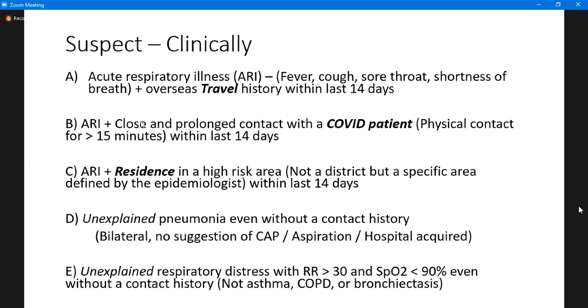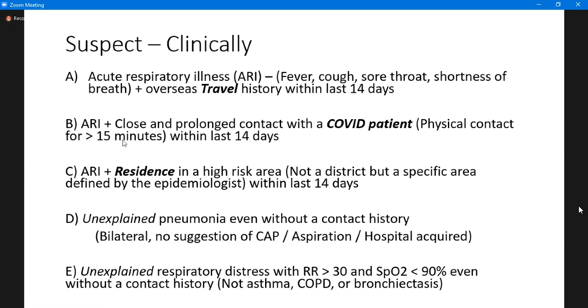Second thing is, a patient with ARI, the second question you will ask is, has this patient been in contact with a COVID-19 patient? Not a foreigner or anybody, but a COVID-19 patient, somebody who has been in IDH for COVID-19 illness. Then again, that becomes a possible case.